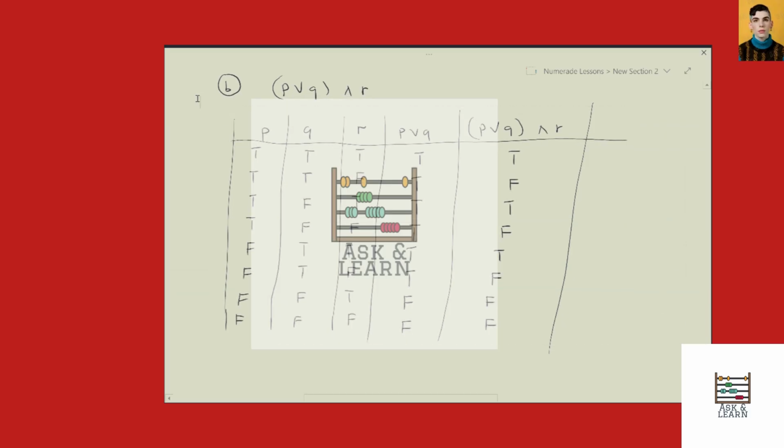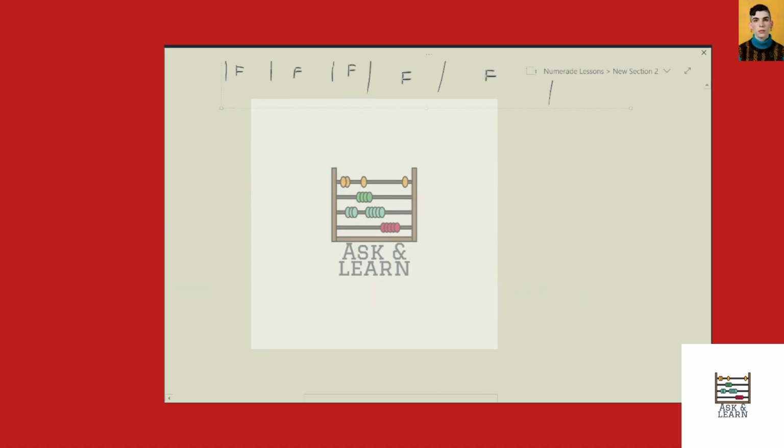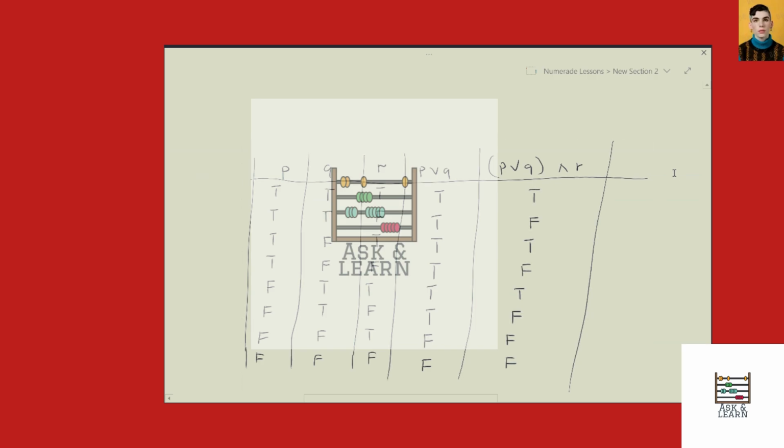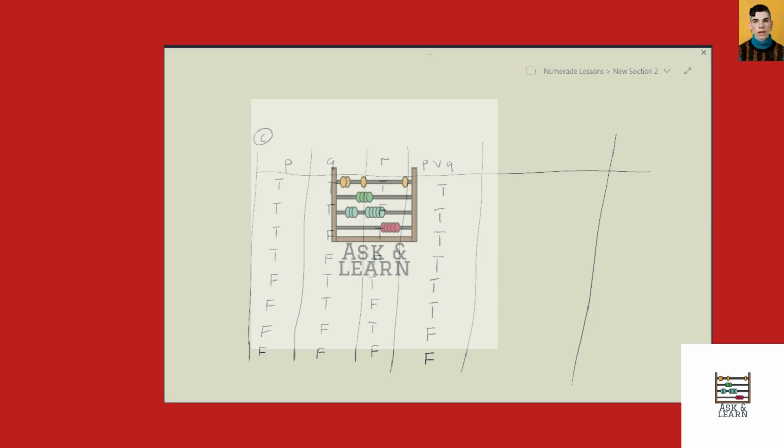Let's copy this one once again. Okay, so here we are looking at the C part, that is P and Q or R. So delete this one as well.